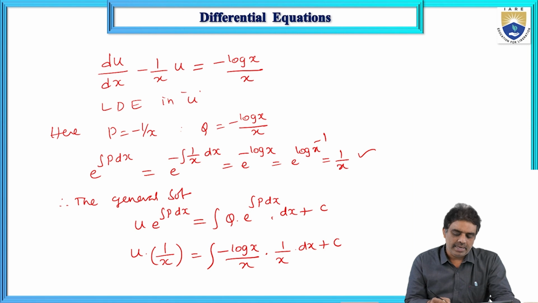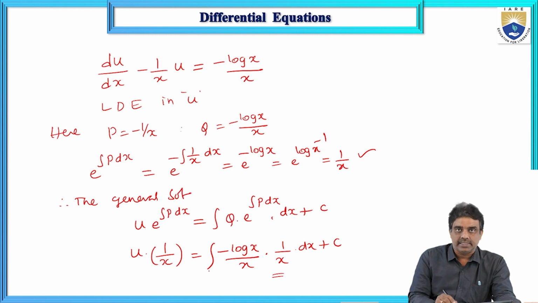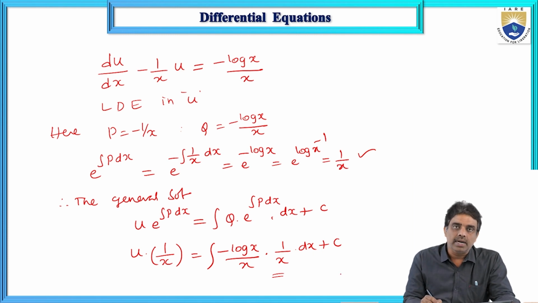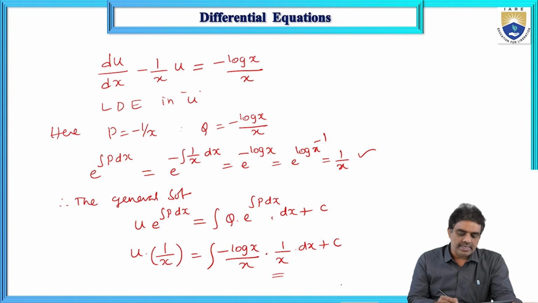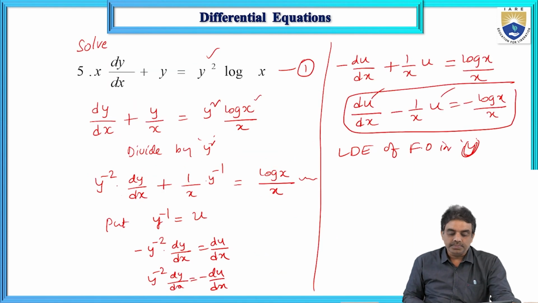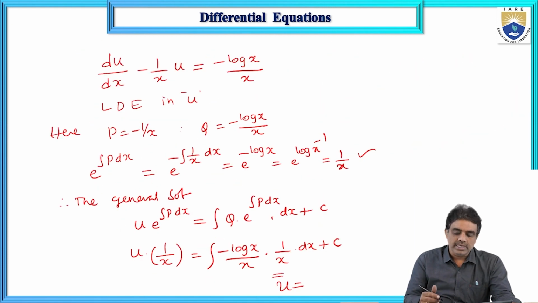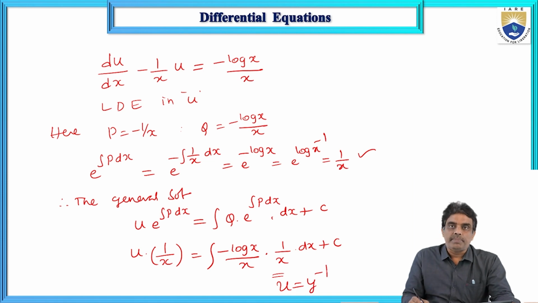So this can be solved using log x into x power minus 2 dx, by integration by parts, and you can get the solution easily. Finally you have to replace u by y power minus 1. So this is left as an exercise for the students.